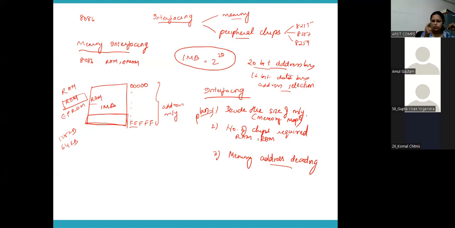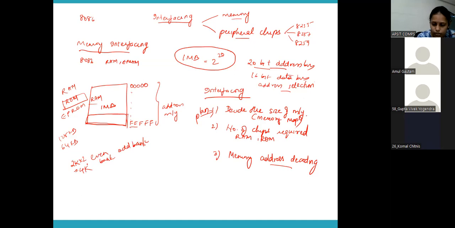Now, where did this 4K come from? The minimum size of chips that come for implementing RAM, ROM, etc. is 2K. And you know that whenever we implement memory, we have an even bank and an odd bank. So 2K into 2 is 4K.